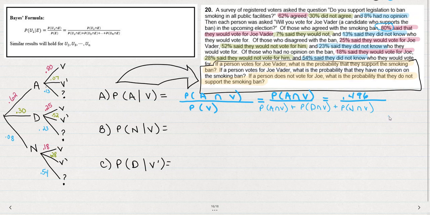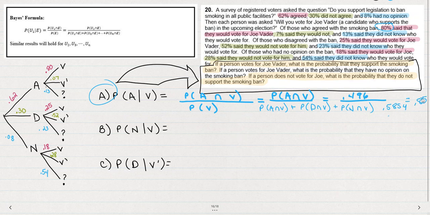When we add those up, so this is part A, that should come to 0.496 over 0.5854, or 0.85, 85%.